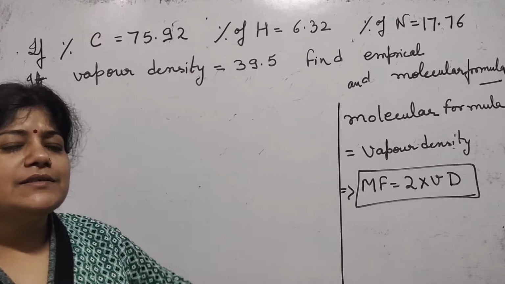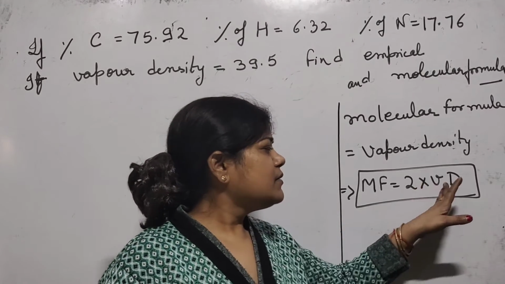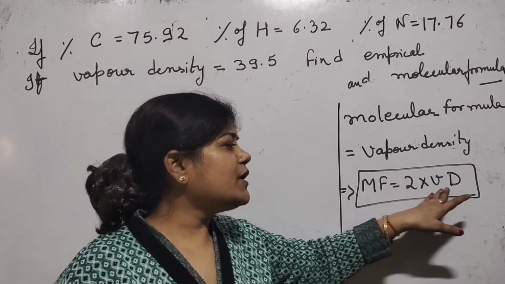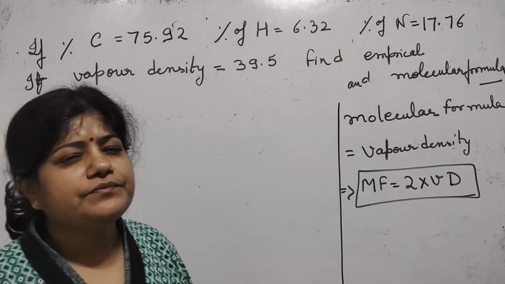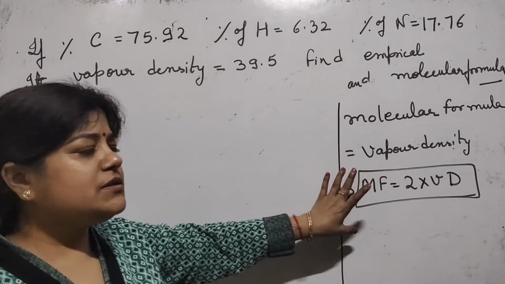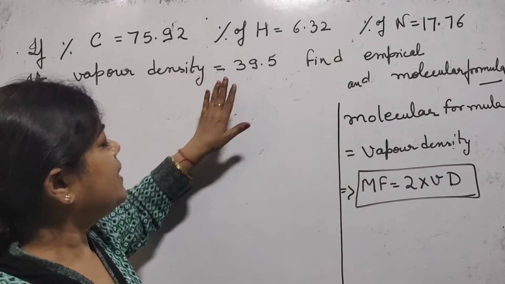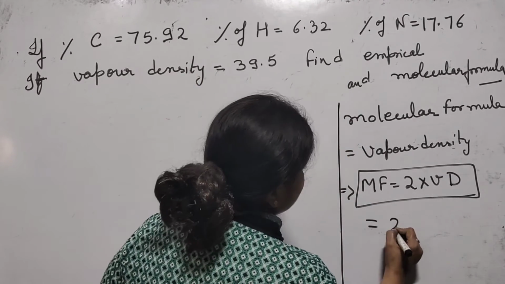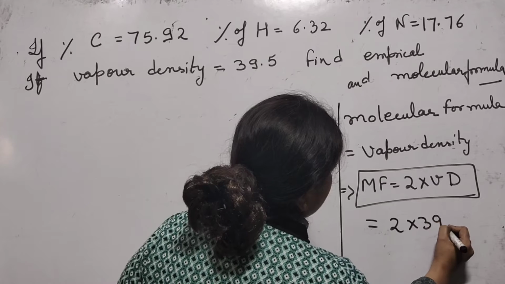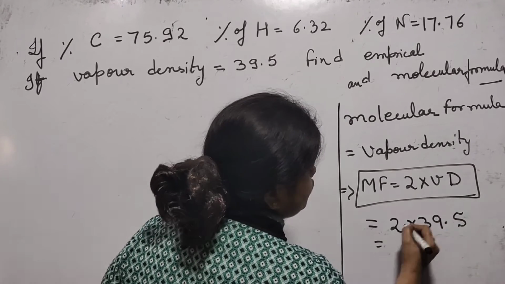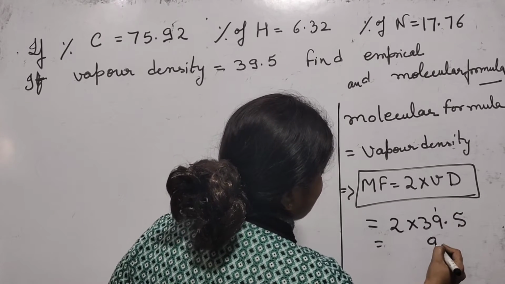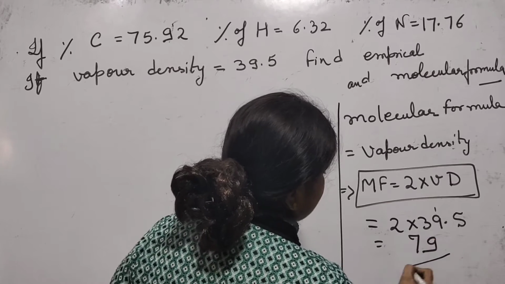Molecular weight is twice the vapor density. So from this we can easily find the weight of the compound, which is equal to 2 into 39.5. So 2 5s are 10, 0, 2 9s are 18, 1 is 19, 2 3s are 6, 1 is 7.